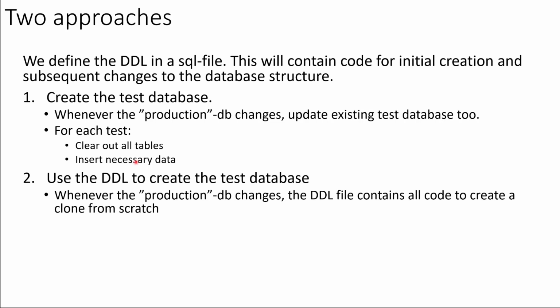Approach number two is to use the actual DDL file to create the test database. Whenever the production database structure changes, the DDL file is updated, and it contains all the code needed to create the production database from scratch.